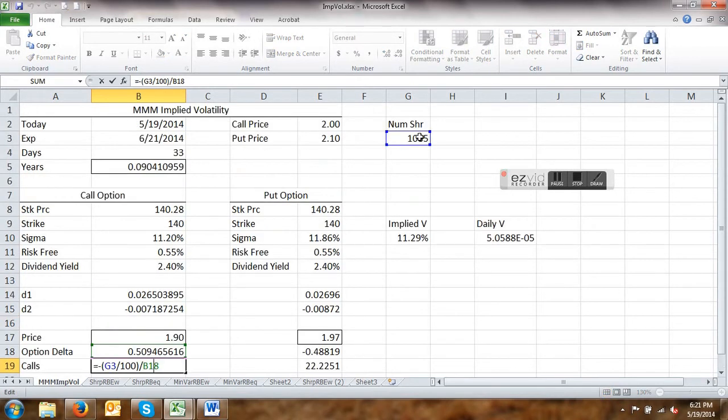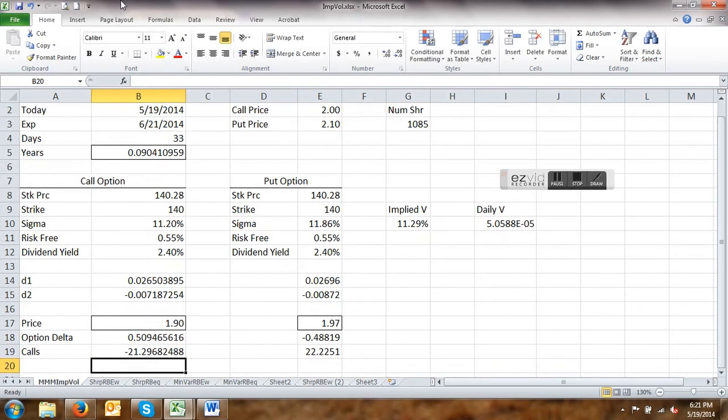We're just going to take the number of shares, that's G3, divided by 100. That's a quantity in negative sign. We don't have to negative that. And we divide by 100 because there's 100 shares per contract. And then we simply divide by the delta. And that tells us that what we want to do is have a negative 21 or negative 22 contracts.